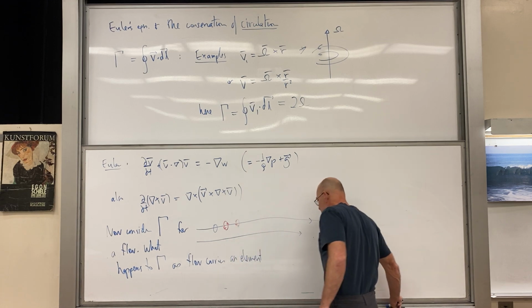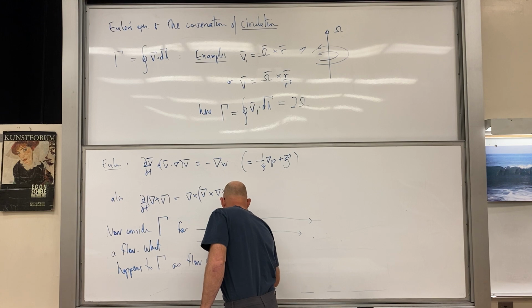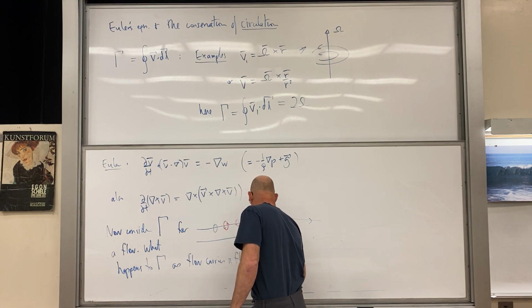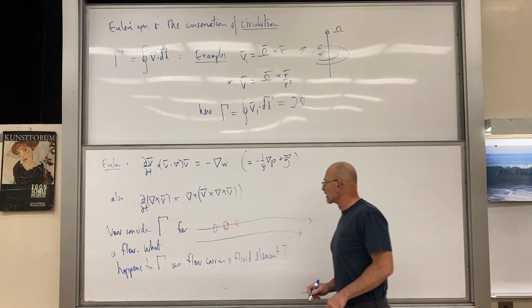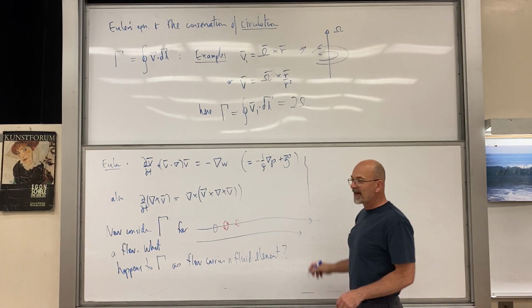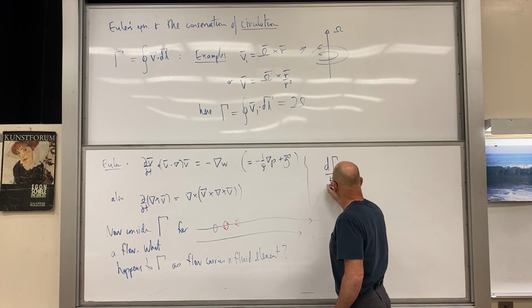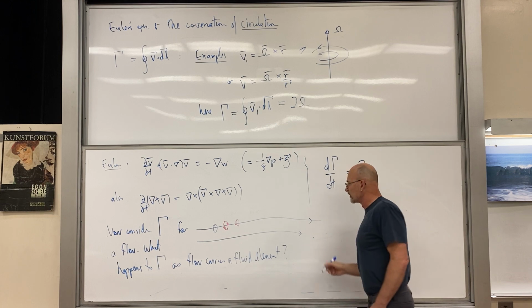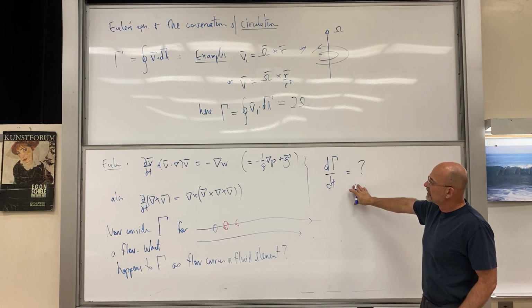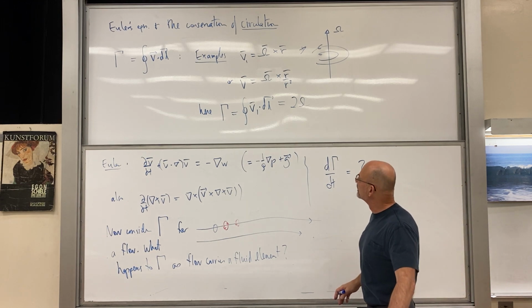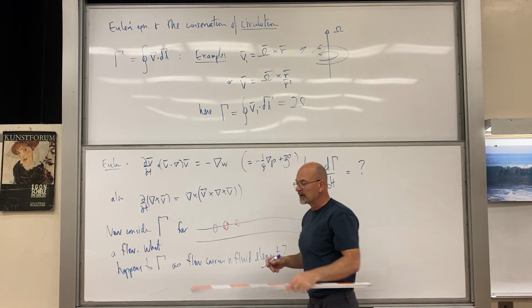An element, maybe I should say a fluid element, how about that? Question mark. So of course, mathematically, we're just looking at what about this d omega dt? So what happens there? And what we're going to do is a time derivative of this quantity here.